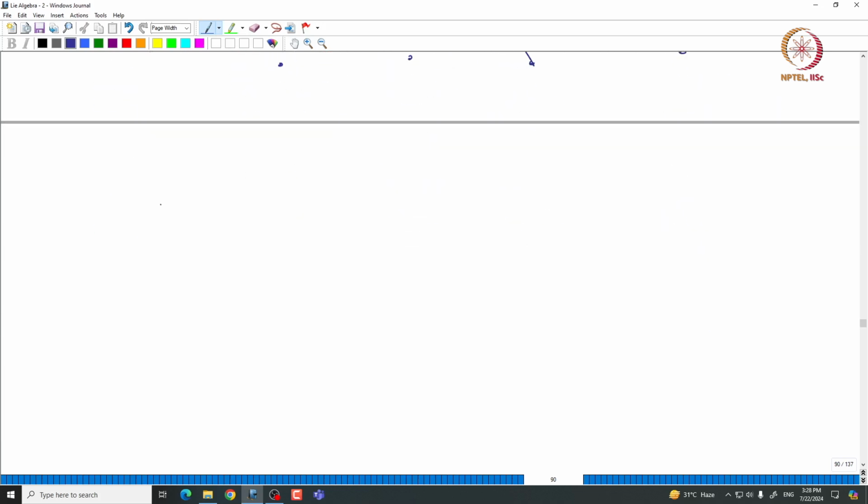So, let us denote by G n k the number of non-isomorphic unlabeled graphs with n vertices and k edges.